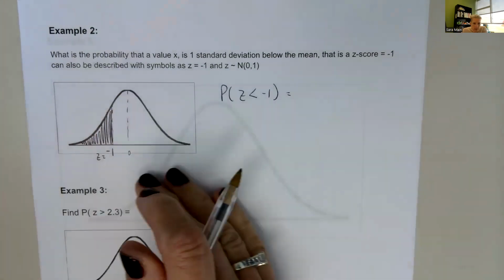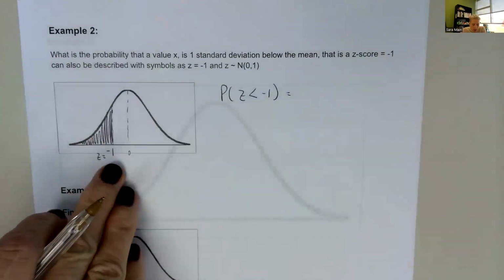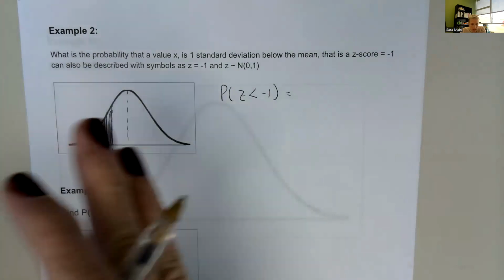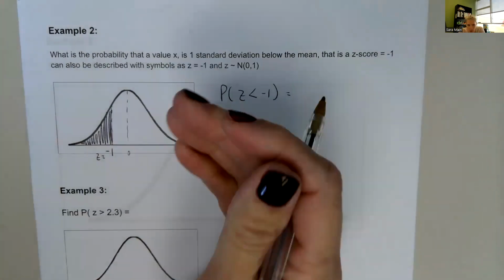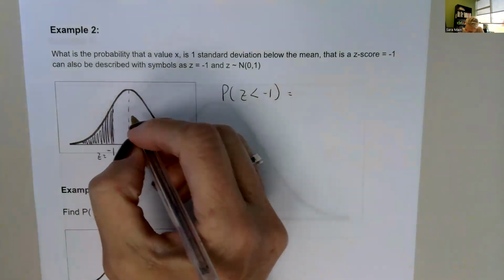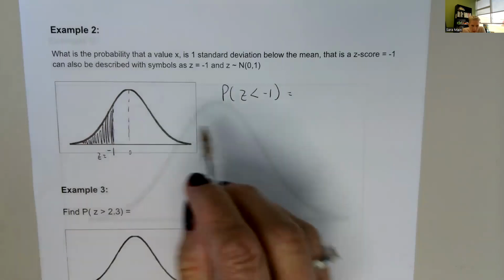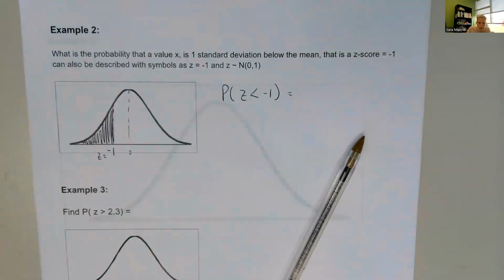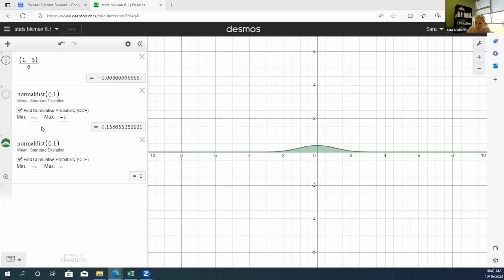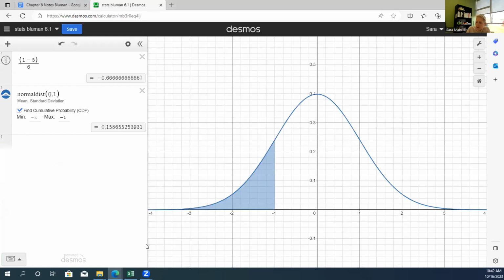Because it's -1, we know the typical percentages without actually going to Desmos, but I'm going to show you how this works. Desmos is going to give us the area less than -1. I'll show you my Desmos screen. It is right here. I'm going to turn that one on, and it's nice too because Desmos will draw the curve so you can make sure that your curve is matching what's on Desmos.